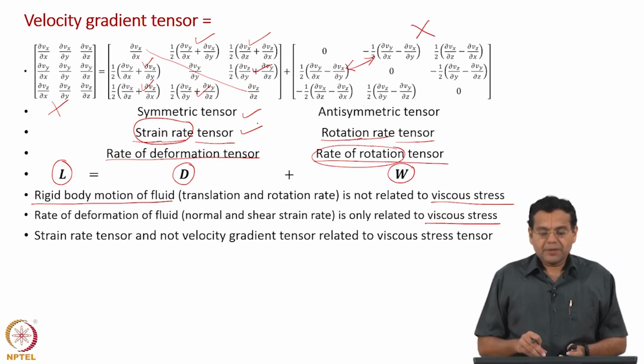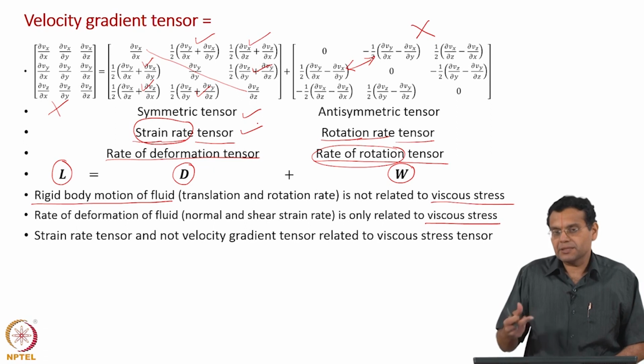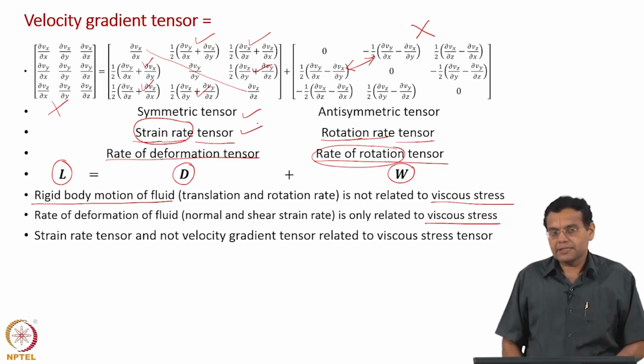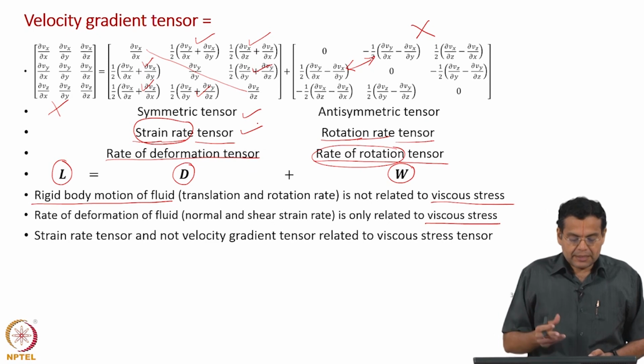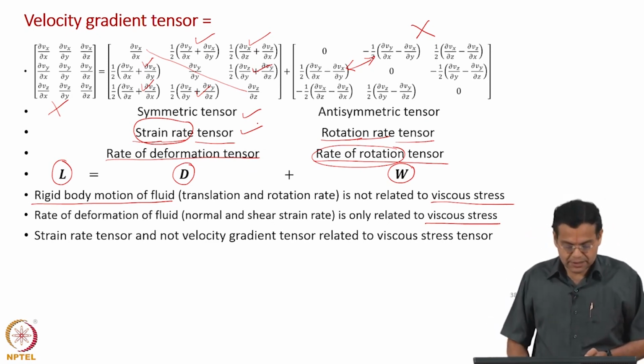Similarly, here, you have a fluid element whose length keeps increasing, and the angle between two line elements keeps changing; then viscous stresses are developed in fluids. So, the strain rate tensor, not the velocity gradient tensor, is related to the viscous stress tensor.